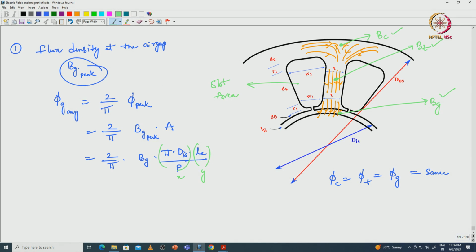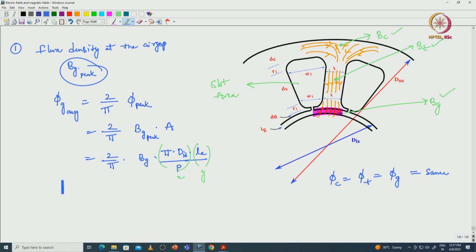Okay. Just find the area here with respect to these flux lines, the perpendicular cross sectional area, that is pi d is by P with respect to one particular pole, and Le is the length of a core.